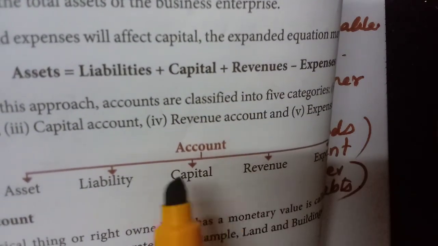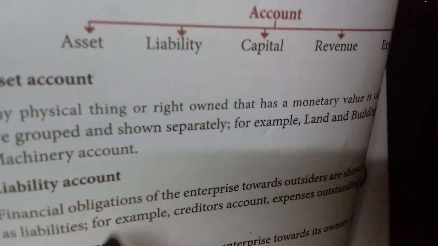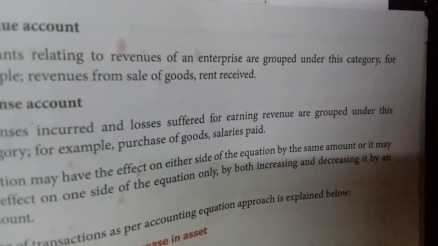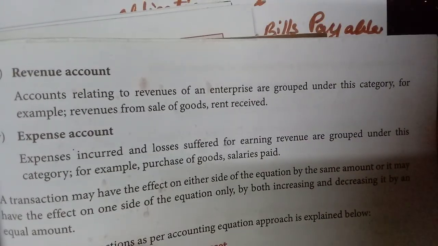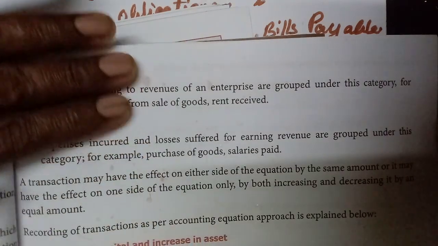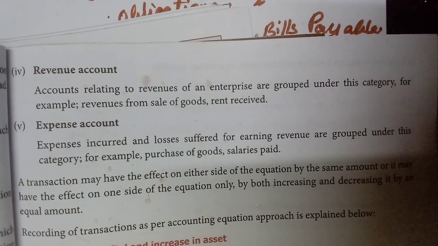You learn all these accounts: asset account, liability account, capital account, revenue account, expense account. Up to here you read and understand. We will try to do the problems tomorrow onwards. Okay students, thank you very much.